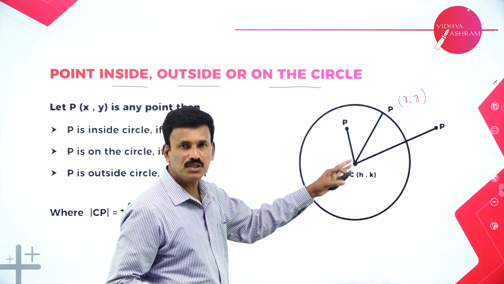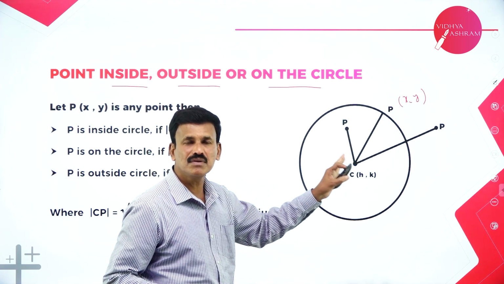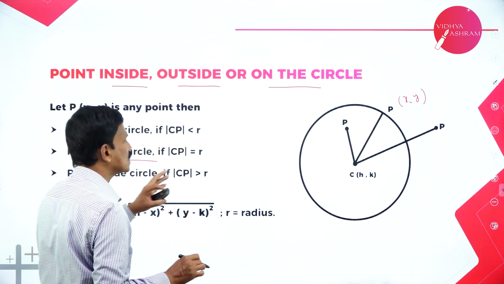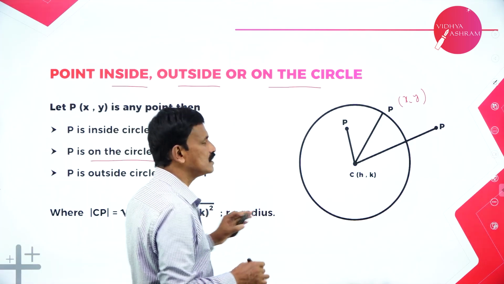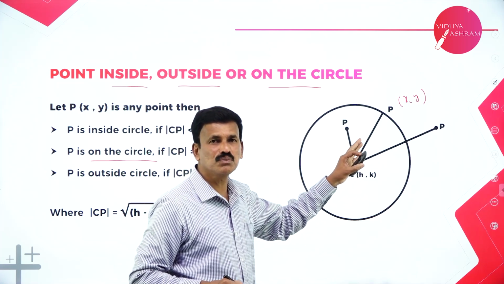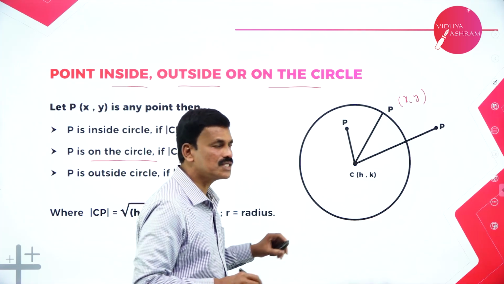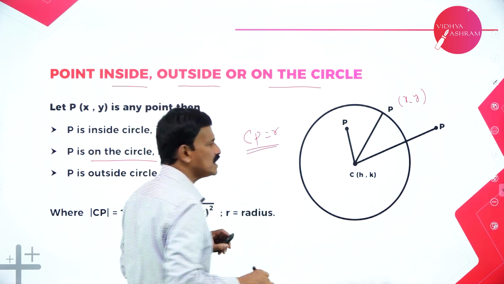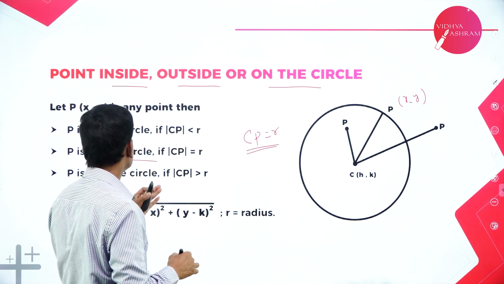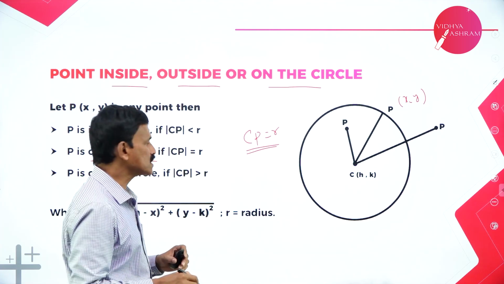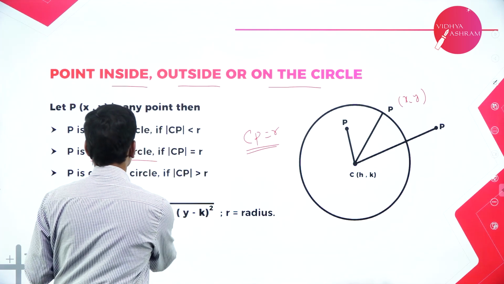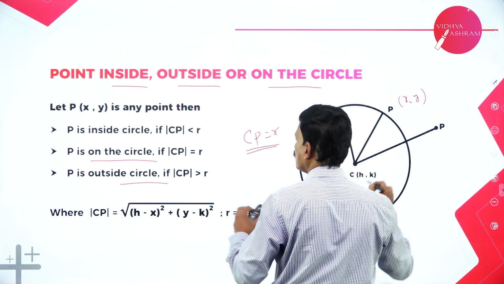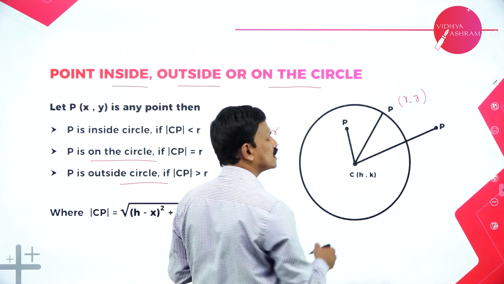If P is on the circle, the distance from C to P is equal to the radius. If P is outside the circle, then the distance CP is greater than the radius.